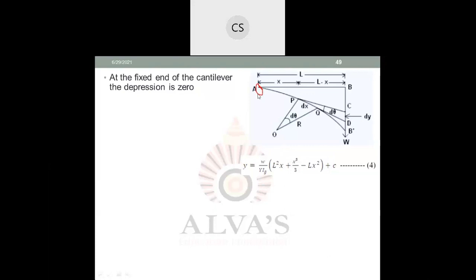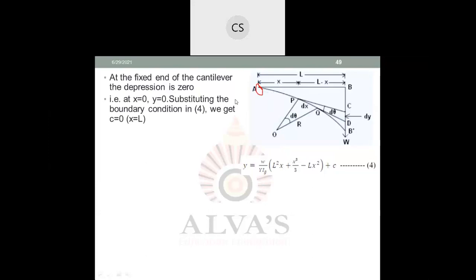That is 0, correct? That is x is equal to 0. What I am talking is, when x is equal to 0, y is also equal to 0, no depression.